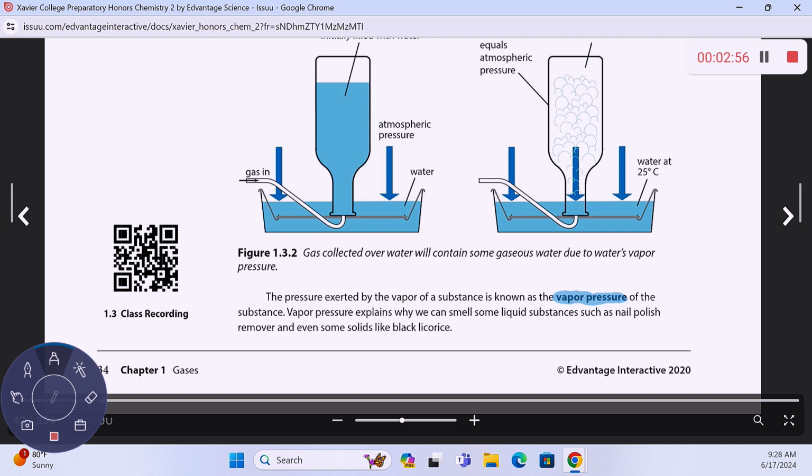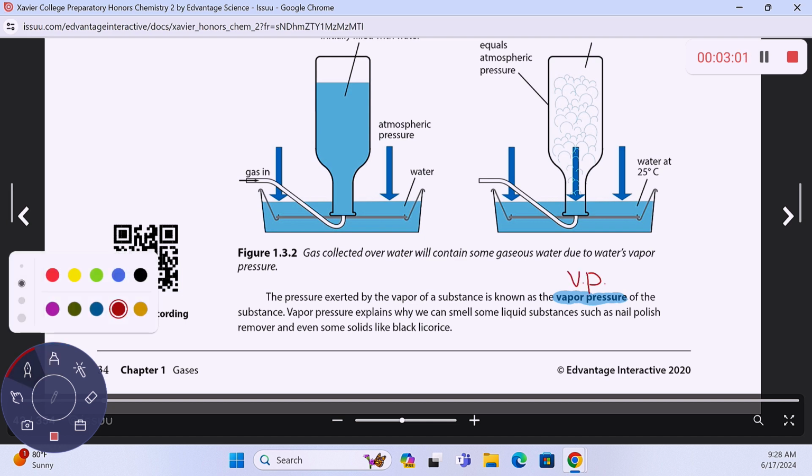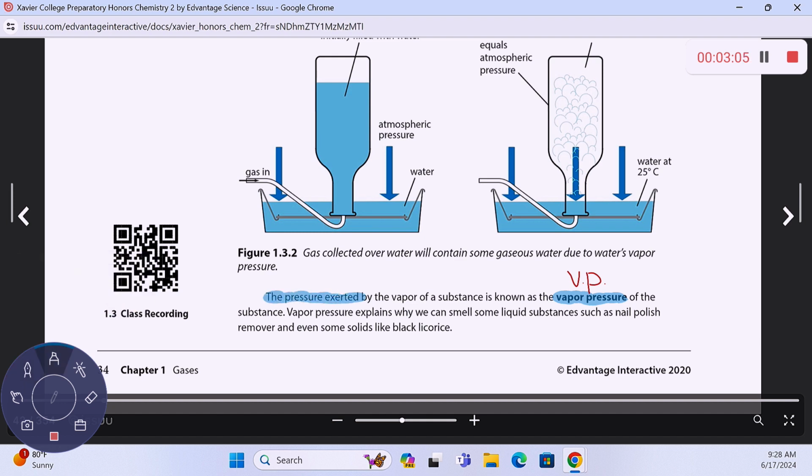So vapor pressure, which is often abbreviated as VP, is the pressure caused by the vapor of a substance. And it explains why we can smell some liquids right away, like nail polish remover, which would be acetone.